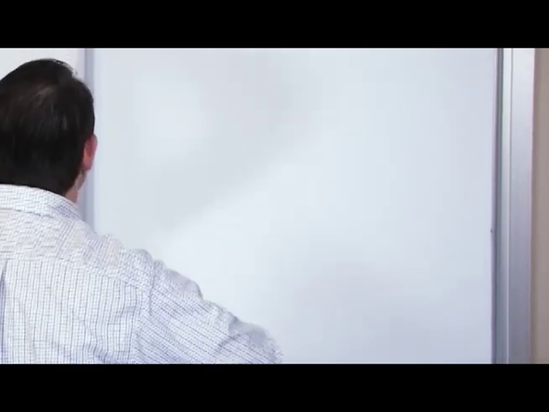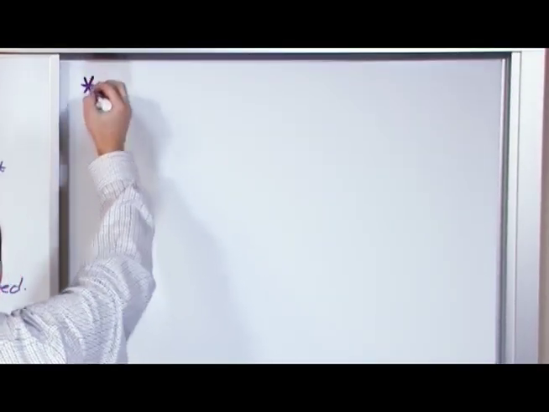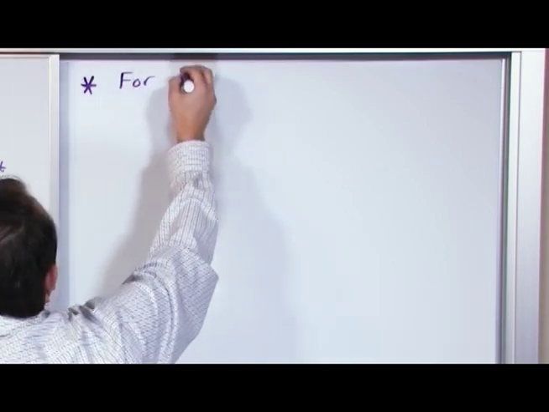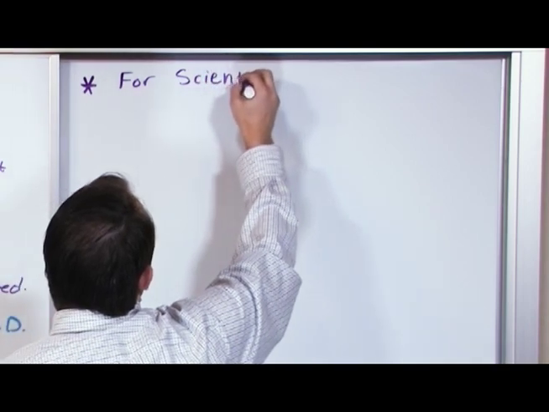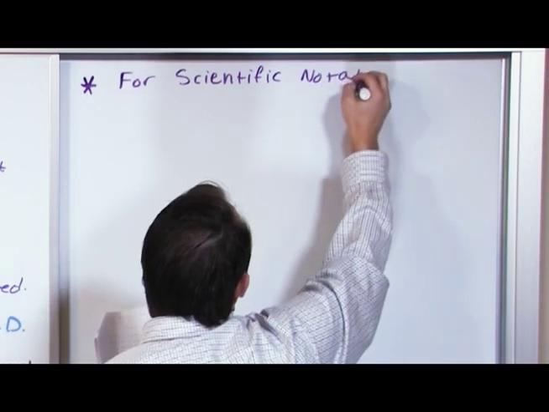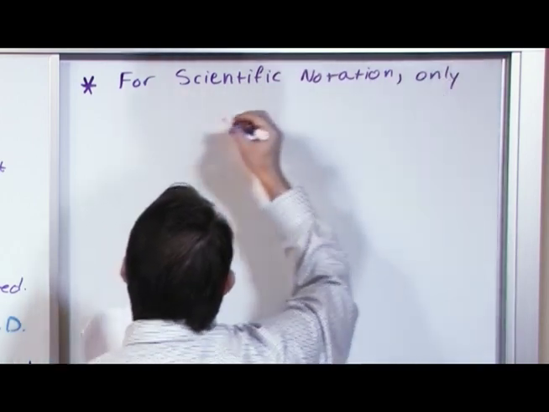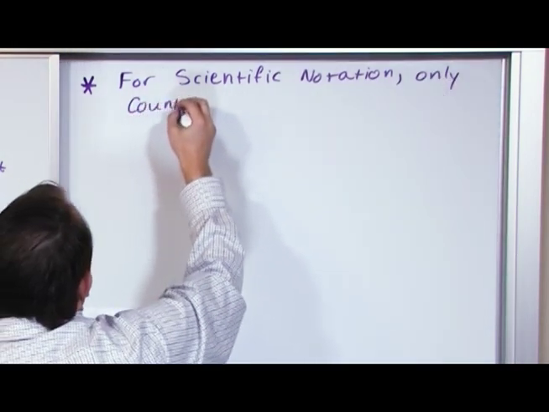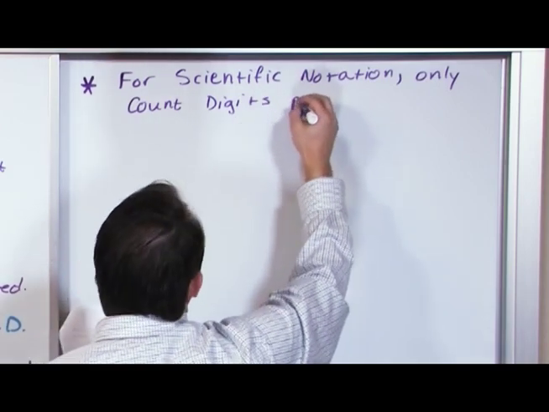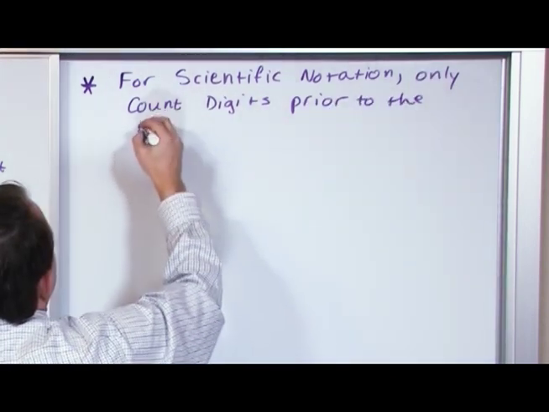Let me give you a couple more rules, and then we will review them. Now, I know I'm giving you a lot of things to look at, but really it's better to spit it out, and that way you can memorize them and use them rather than guessing. For scientific notation, which you're going to use a lot in this class, only count the digits prior to the power of 10.